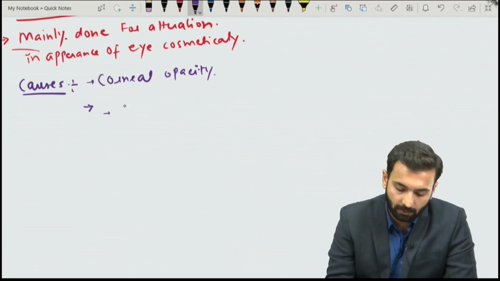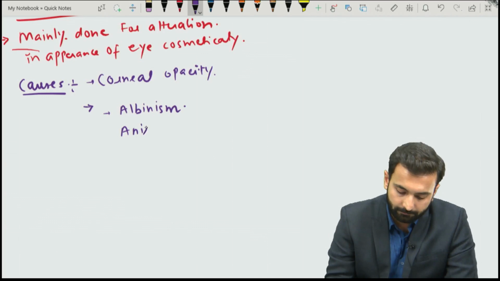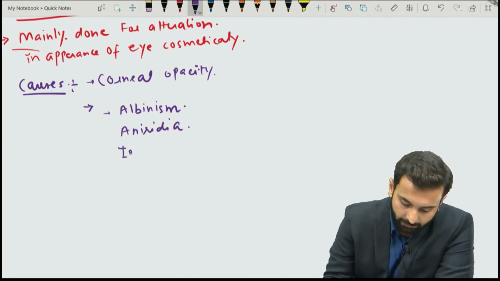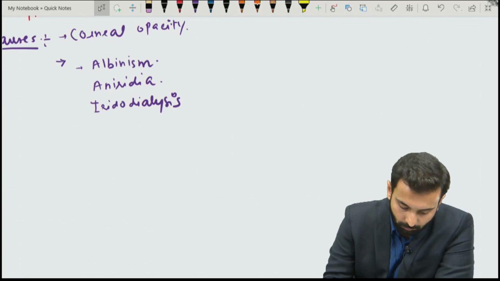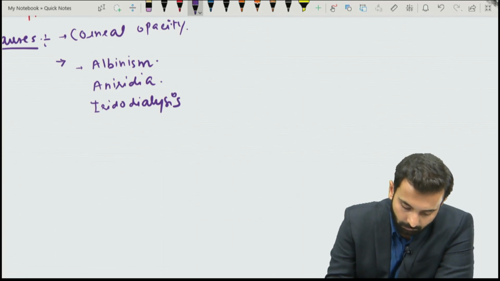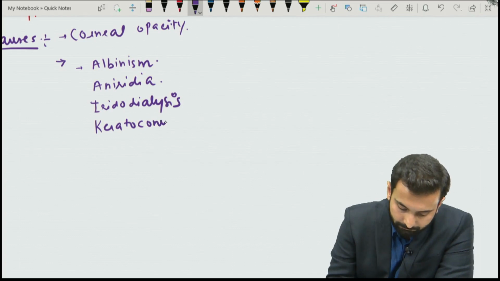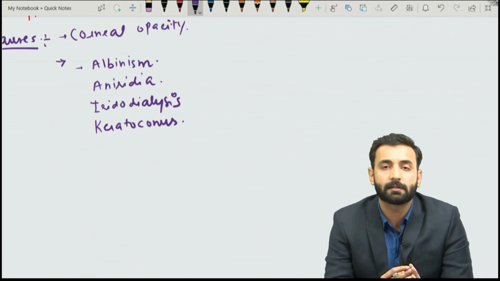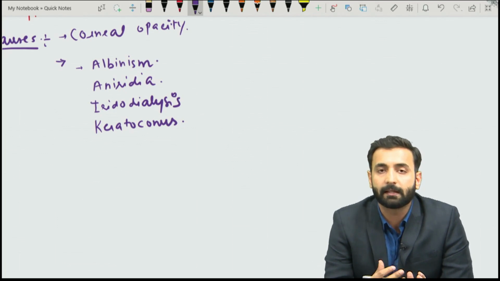Those conditions are albinism, aniridia, iridodialysis, and keratoconus.